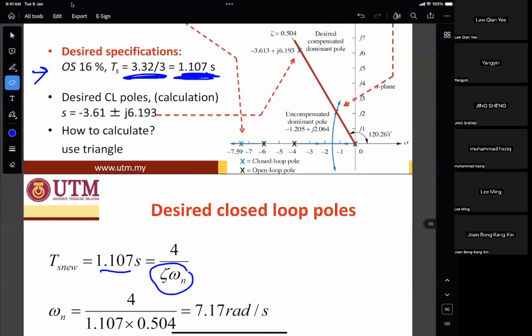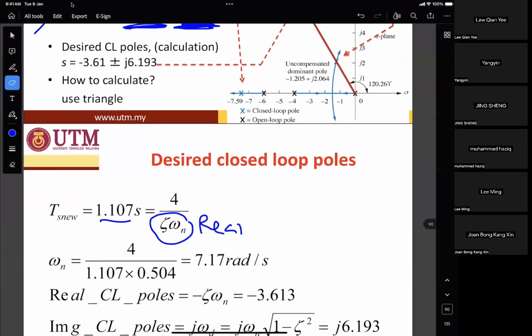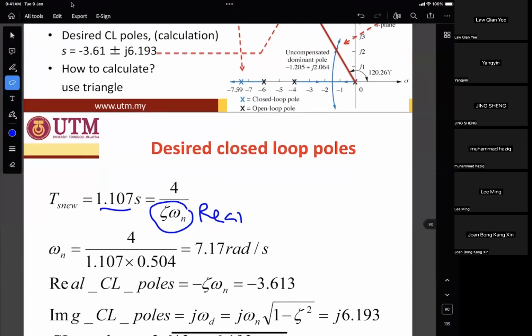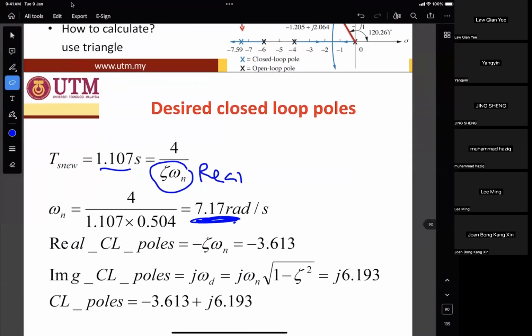See here, Ts of 1.107 seconds is equal to 4 over zeta omega n. So this is the real part of the new dominant pole. So the new omega n will be 7.17. So the real closed loop part, zeta omega n, is minus 3.613.